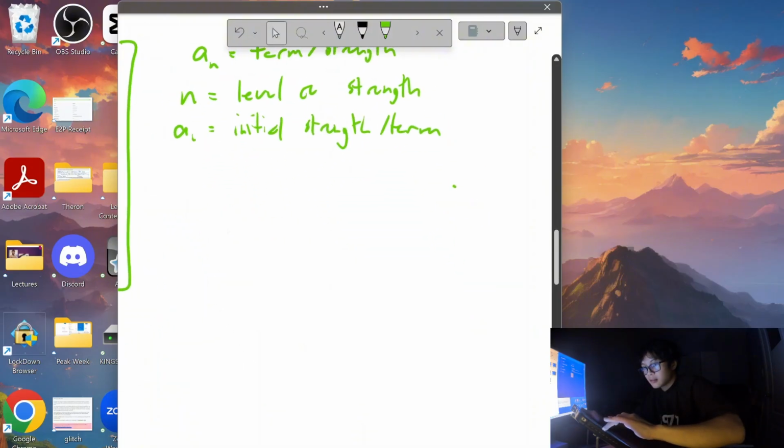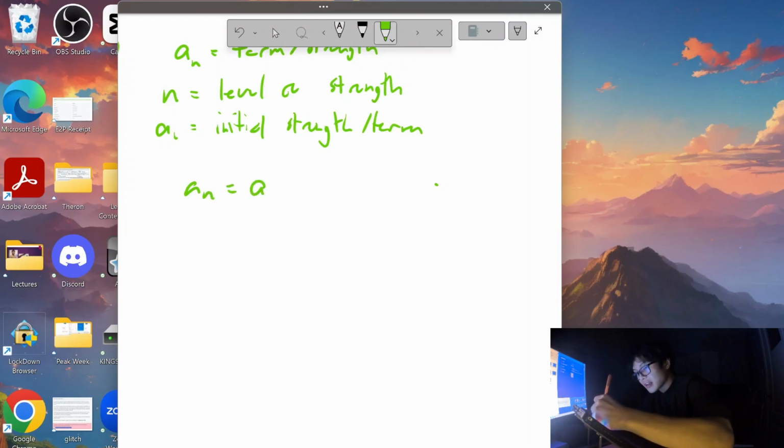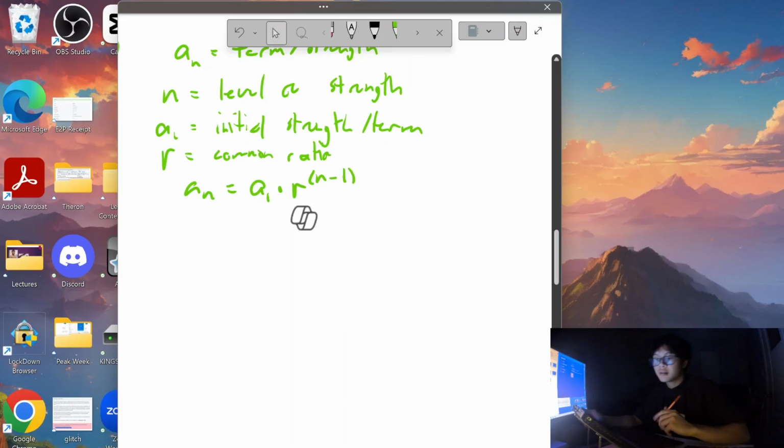Okay. Now the formula for a geometric sequence is a_n equals a_1 times r to the power of n minus 1, where r equals the common ratio.